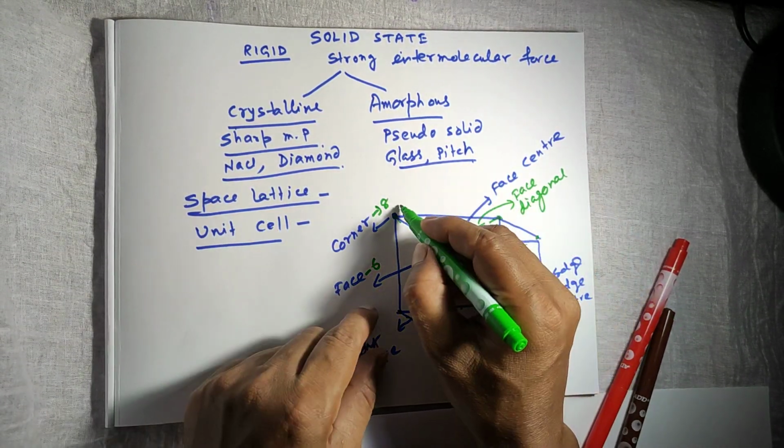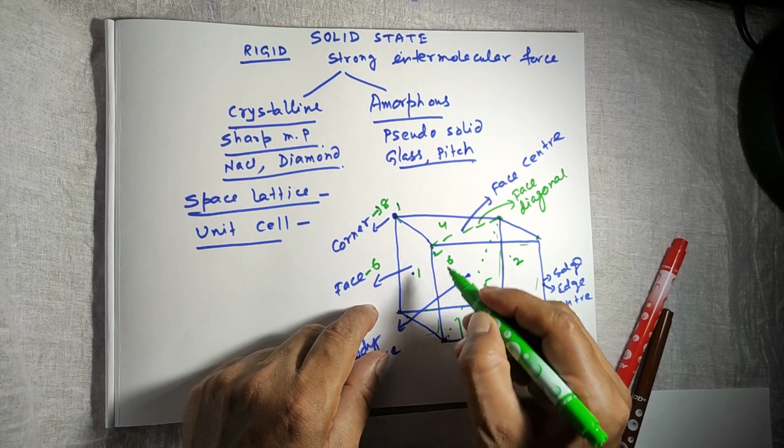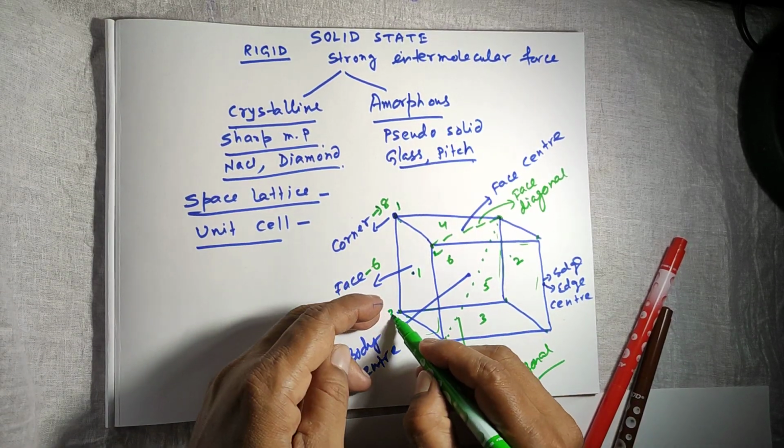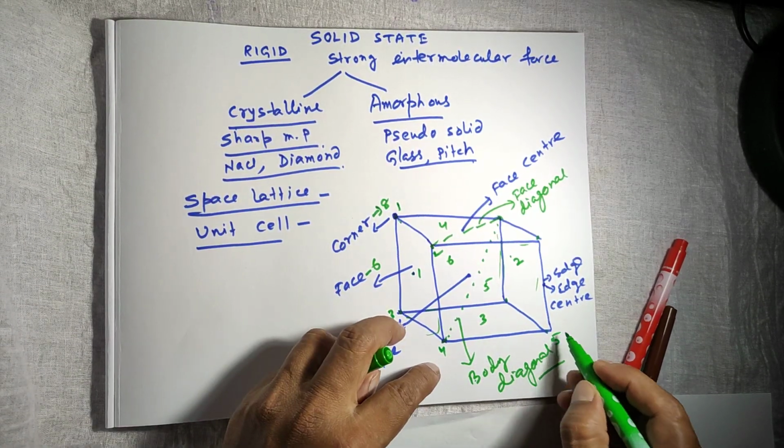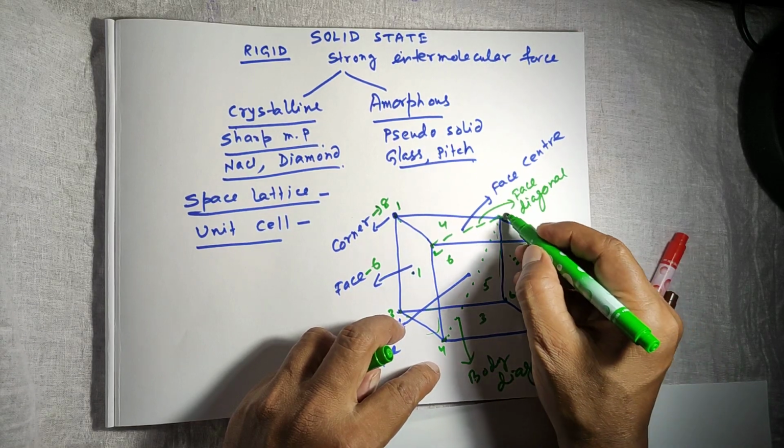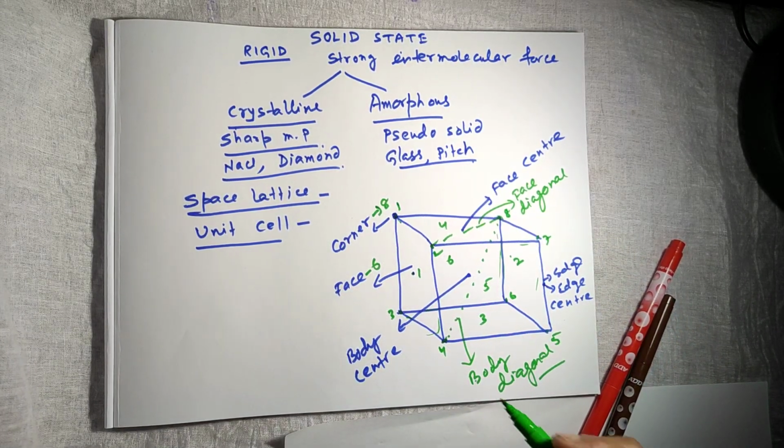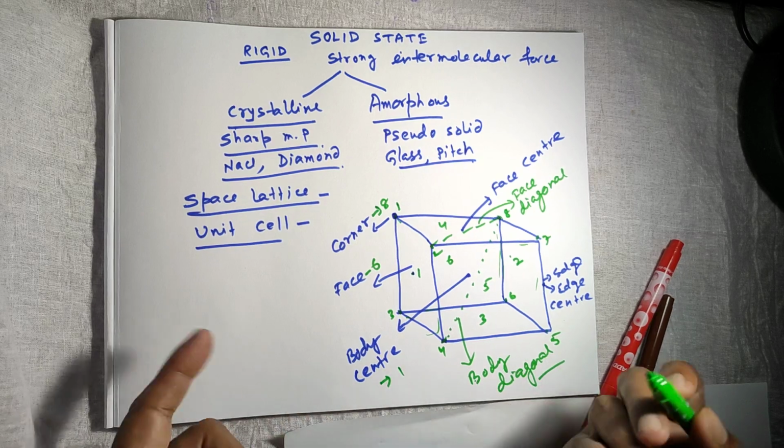So there are 6 faces. And the body center is basically 1.